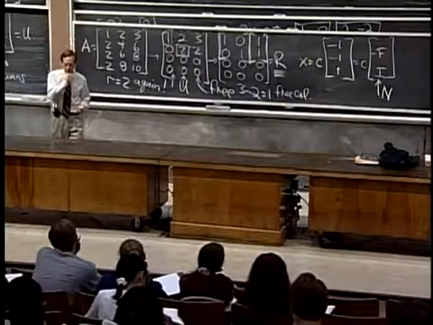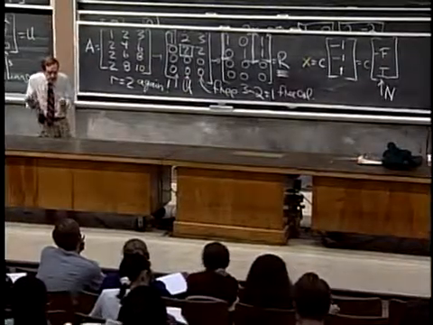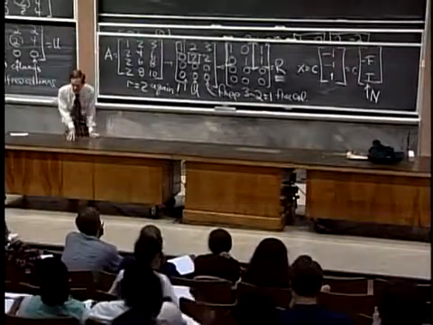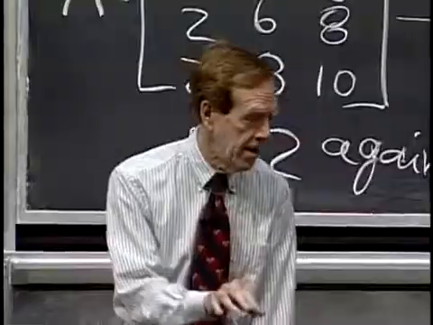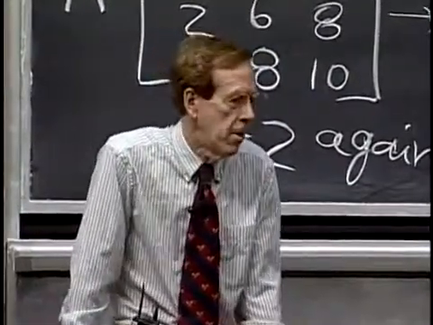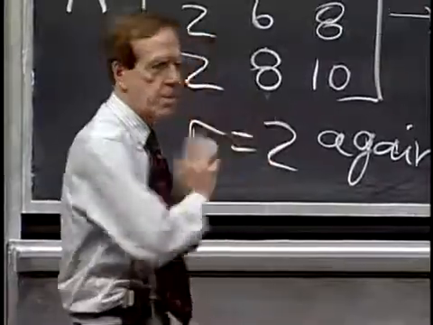That's it, really. I don't think there's anything more I can say about AX equals 0. There's more I can say about AX equals B, but that'll be Friday. Okay, so that's the null space. Thanks.